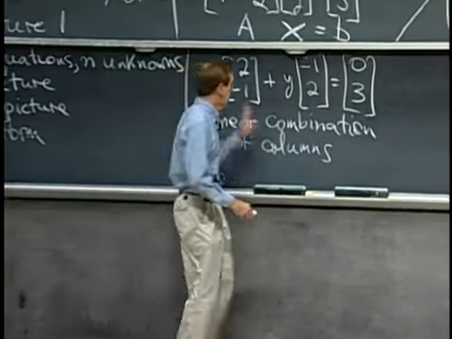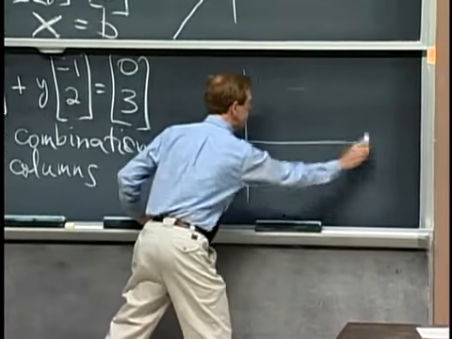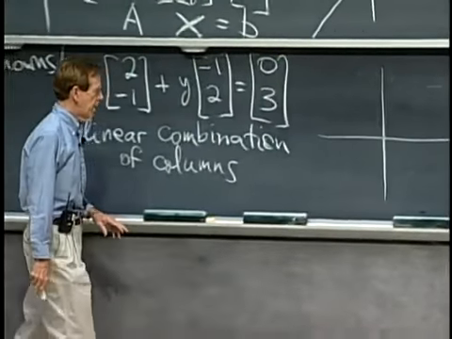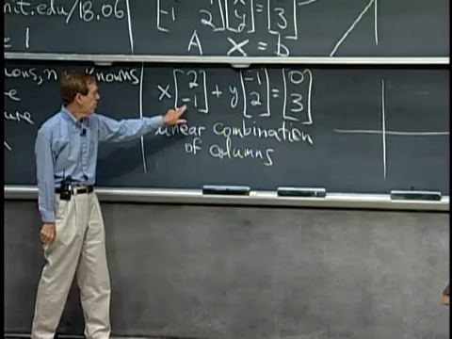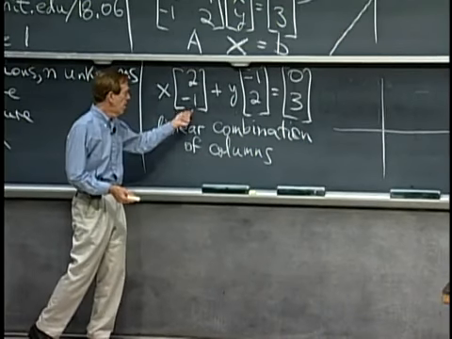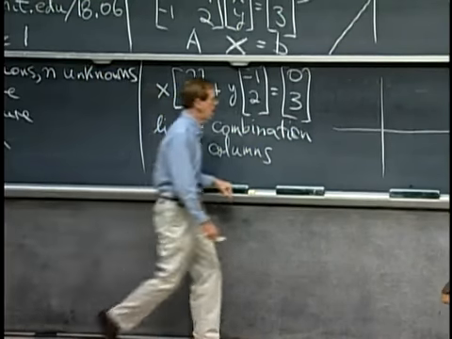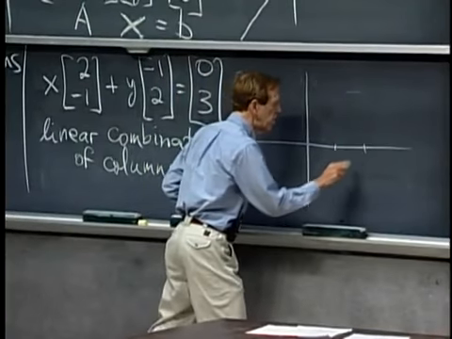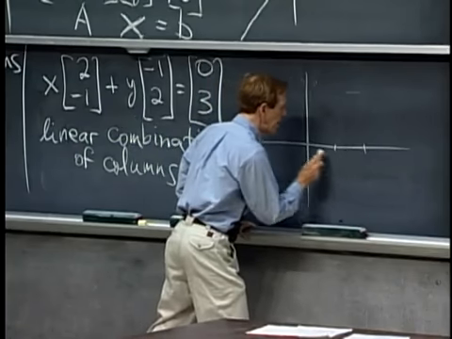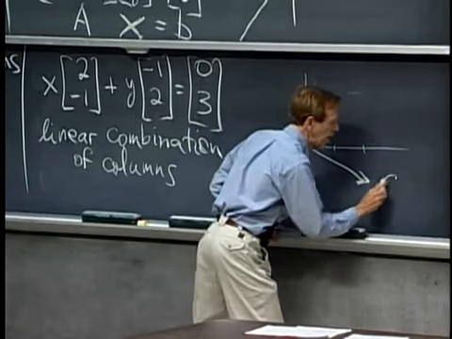Okay. So again, these vectors have 2 components, so I better draw a picture like that. So can I put down these columns? I'll draw these columns as they are, and then I'll do a combination of them. So the first column is over 2 and down 1, right? So there's the first column, column 1.